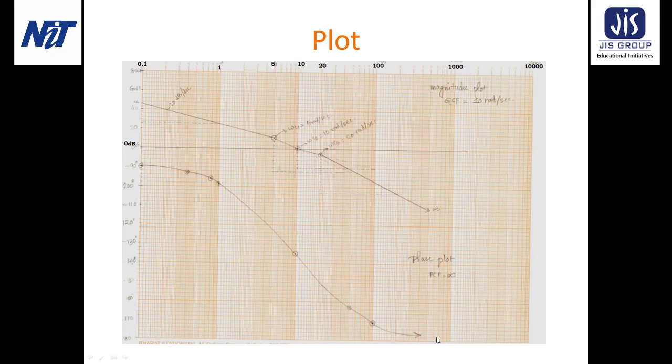So there is no phase crossover frequency. That means the phase crossover frequency will occur at infinity, because at infinity the value is minus 180. Before that infinite value it will not cut the minus 180 degree line. So this is the conventional way to draw the Bode plot.